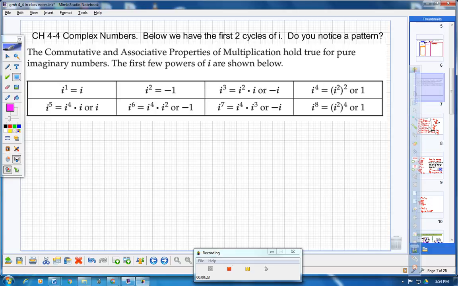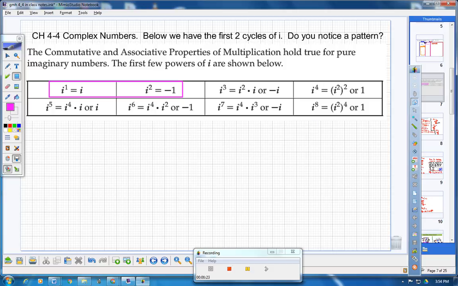Looking at the cycles, you should be able, once you've defined the first two complex numbers, that's i to the first and i squared, if you have those, then you can create any other imaginary number that's raised to a power.